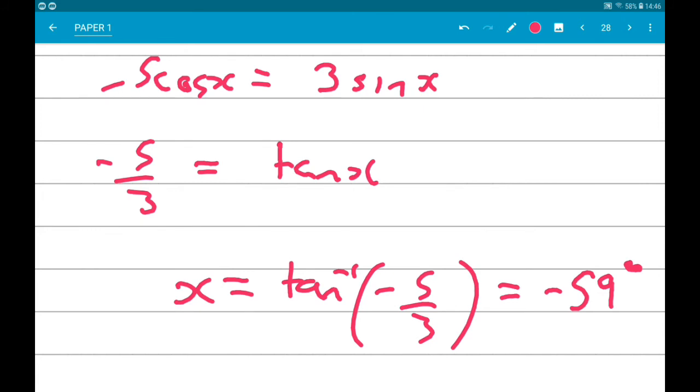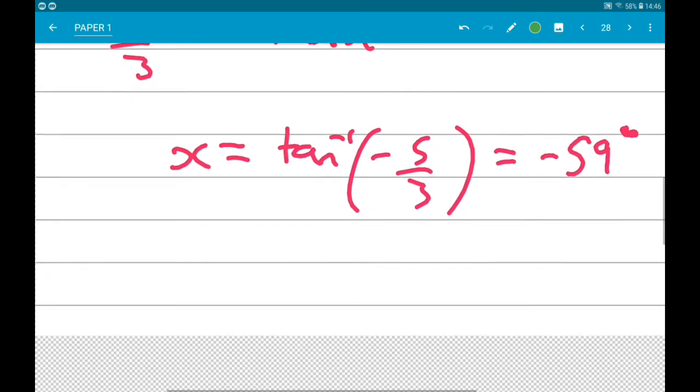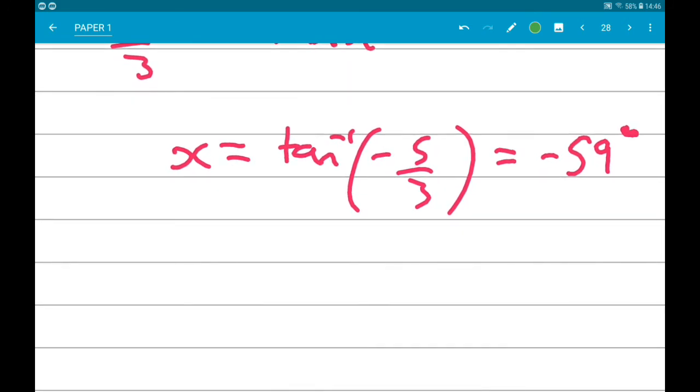Now, tan has a period of 180 degrees. So we just add 180 to get to the first one we want, and then 180 to get to the second. So, we get x is 121 and 301 degrees.